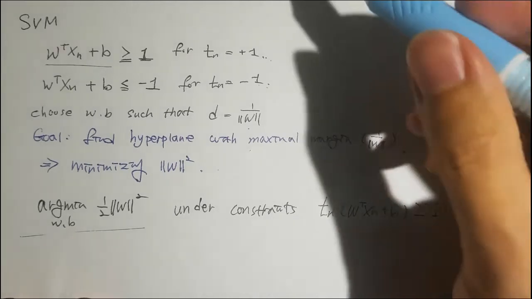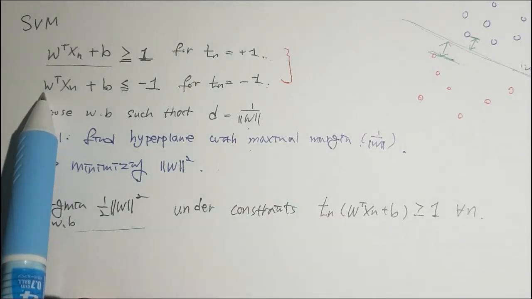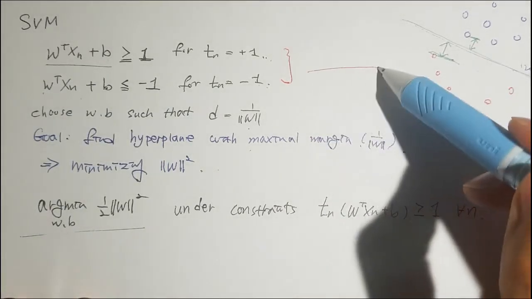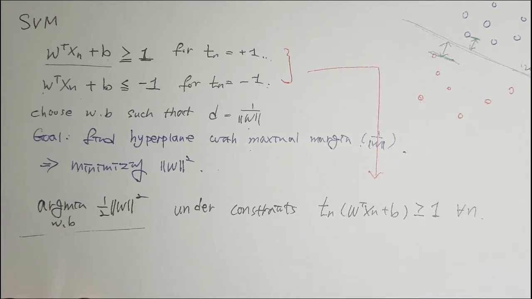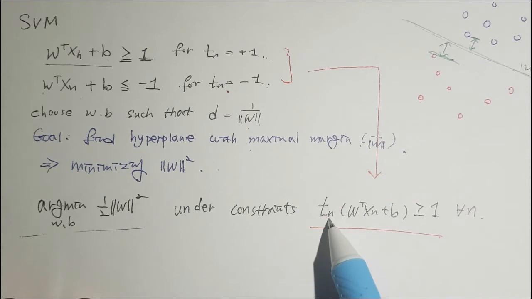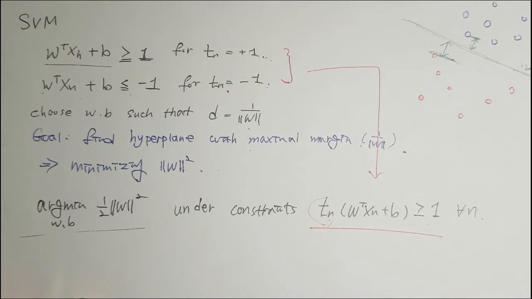Here from these two equations, if we multiply Tn on both sides, then it can be represented in this equation. It is an easy way and makes it simple because these two lines become one line, but it involves both, because if Tn, the target or classification class, is -1, then it will be the same as this equation, right?